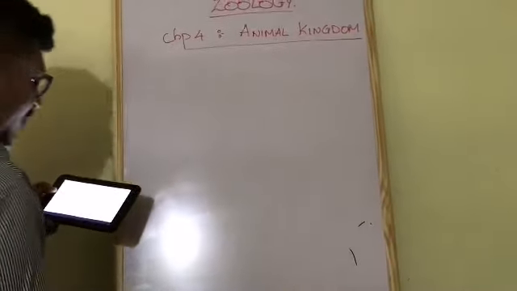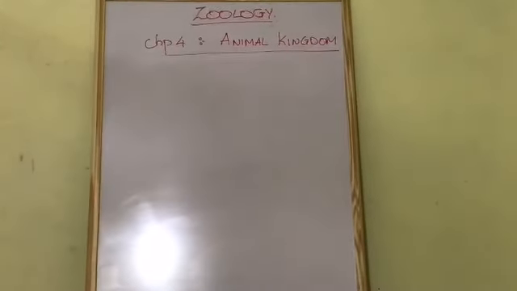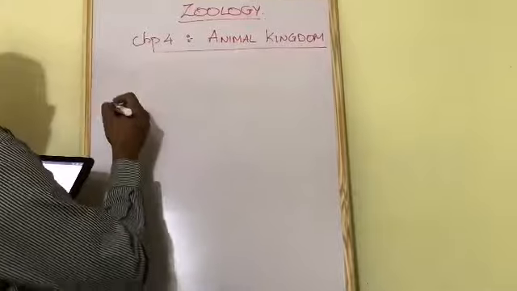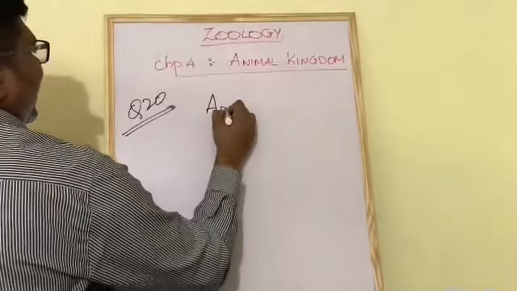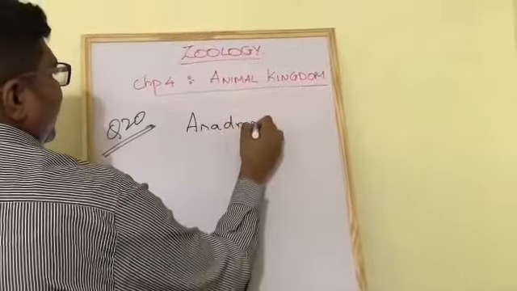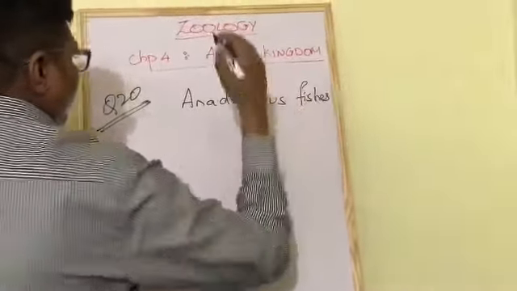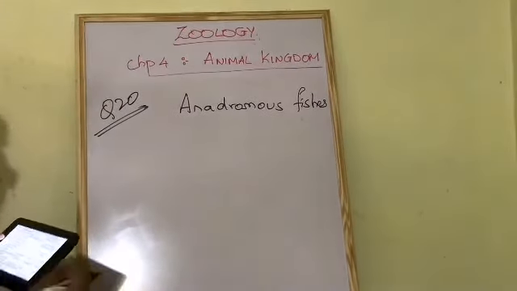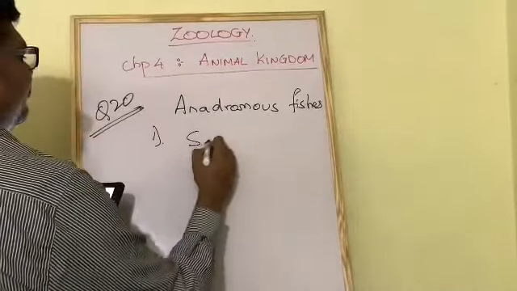Question number 20 talks about fishes again. Let us quickly read the question. Anadromous fishes move. So question number 20 talks about anadromous fishes. Okay, now let's see the options. Option number 1 says the movement from sea to fresh water.